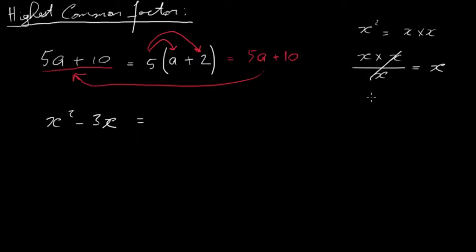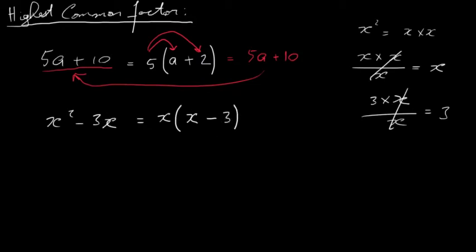3x is just 3 times x. We can divide that also by x and we're just left with 3. So x will divide into 3x and x will divide into x squared. So what I can do is this, x into x squared is x, times, minus, divide 3x by x and we just get 3.